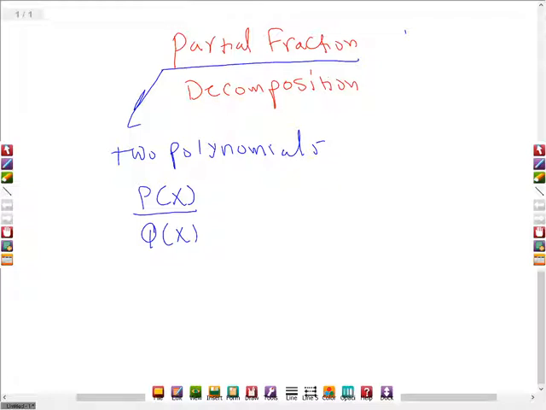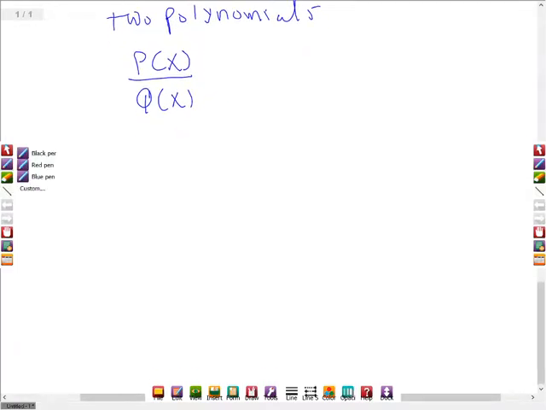What I mean by partial fraction, I'm going to show you. Case 1.